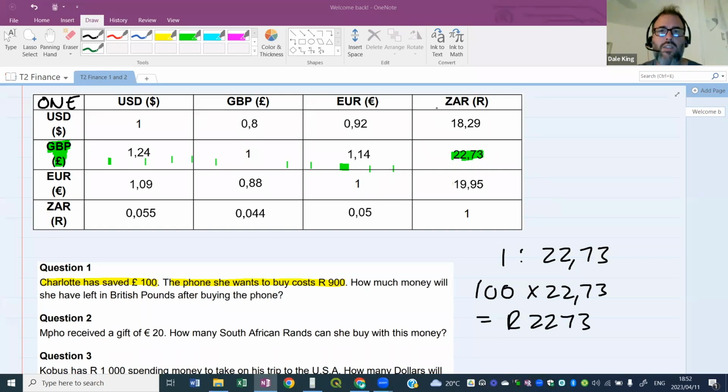How much will she have left in British pounds? Ah, Sakila, you divided. So we're going from pounds to rands to check her £100. How many rands will she have from her £100? And does she have enough to get a phone that costs 900 rand?